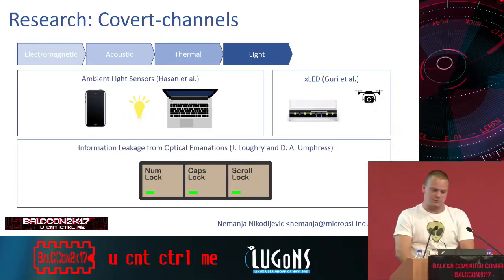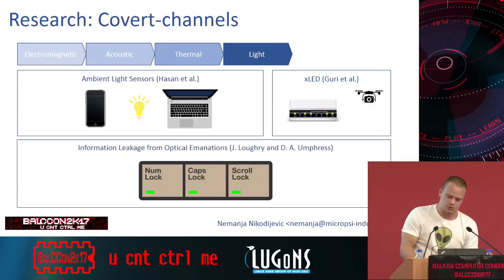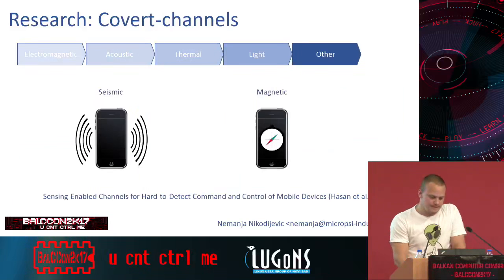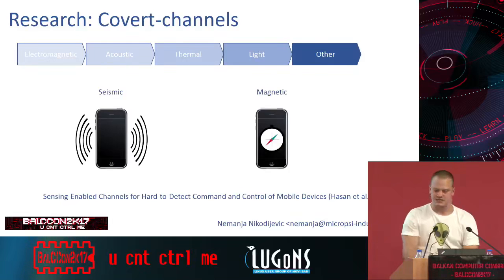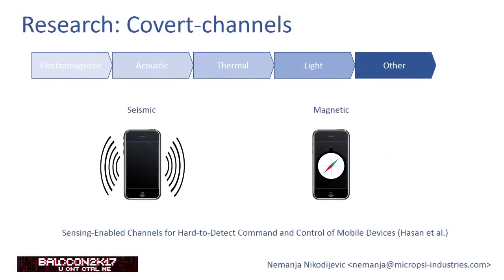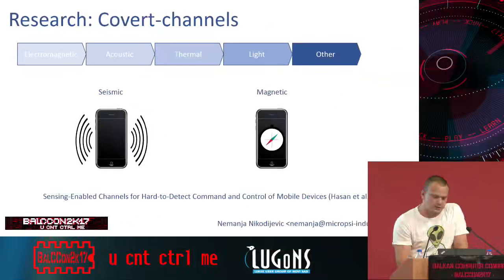This paper is a bit older and talks about how to use LEDs on keyboards, because they are apparently controlled by the OS. They are not automatically turned on every time you press caps lock. Other covert channels can be seismic, like the vibrator on the phone, or magnetic, by putting a large electromagnet next to some infected device. These are all covered by Hassan's paper that you can have a look at.